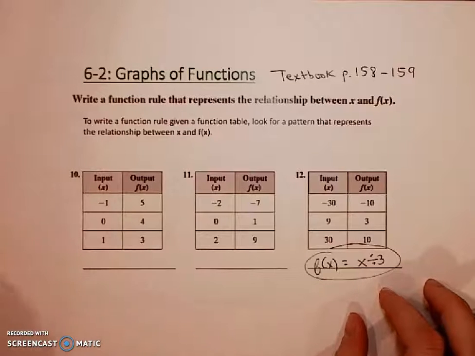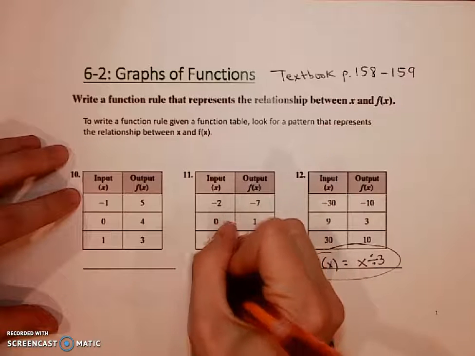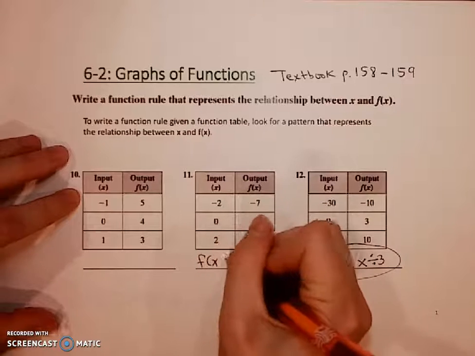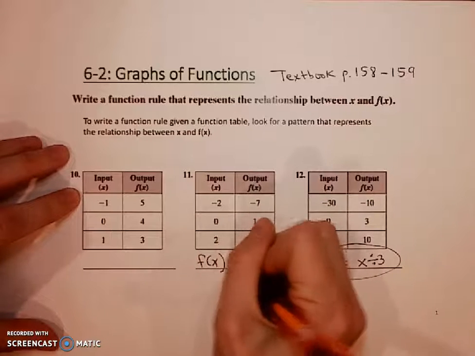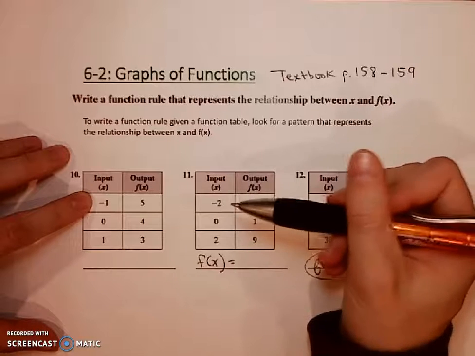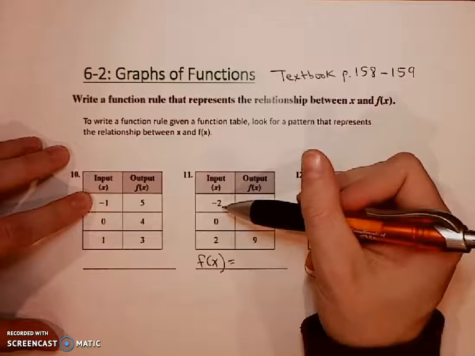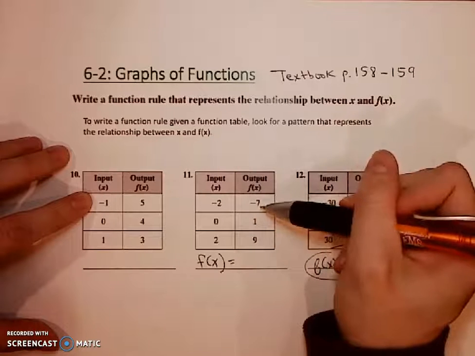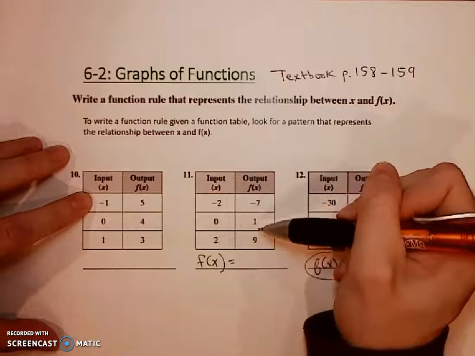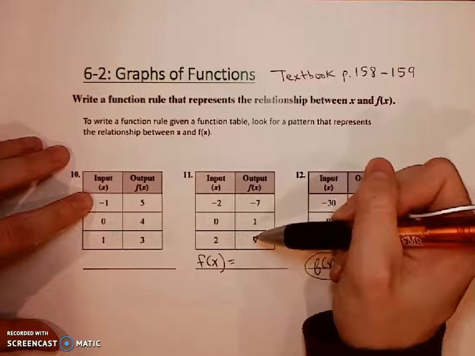When I look over here at number 11, this one's a little trickier. I'm not going to give you problems like this quite yet, just because it's a little more challenging. You always want to check to see if you can add, subtract, multiply, or divide first. When I check each of those, for example, -2 minus 5 gives me -7, but 0 minus 5 does not give me 1, and 2 minus 5 does not give me 9, so that function rule would not work.